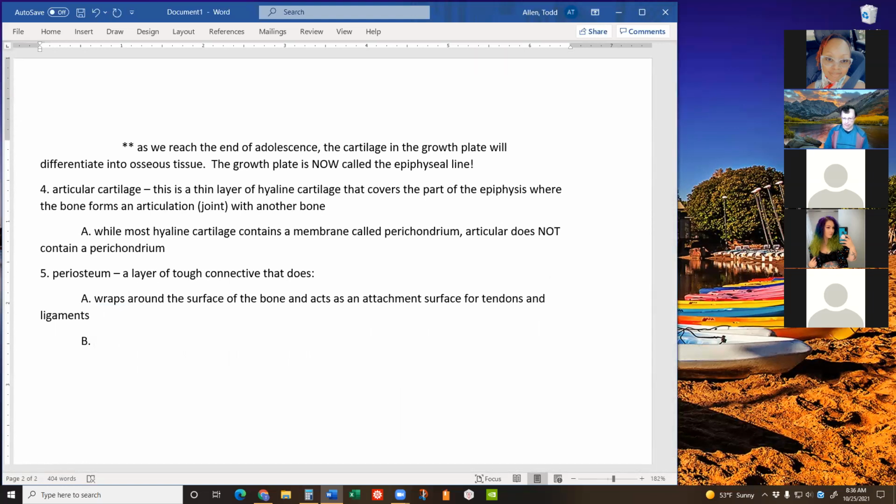In addition to that, the periosteum provides an anchoring surface for blood vessels and nerve endings that penetrate into the interior of the bone.